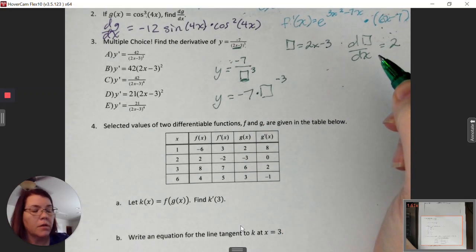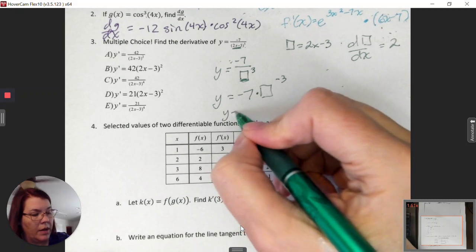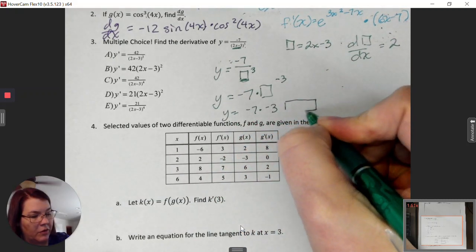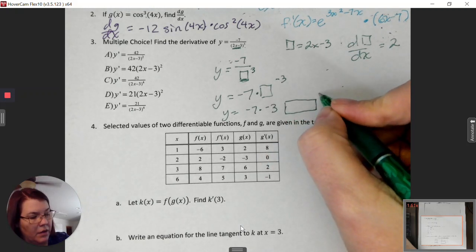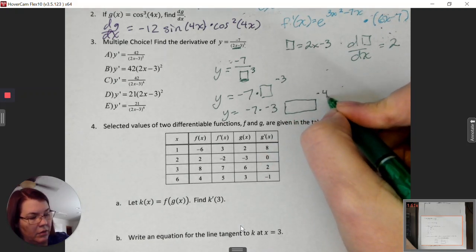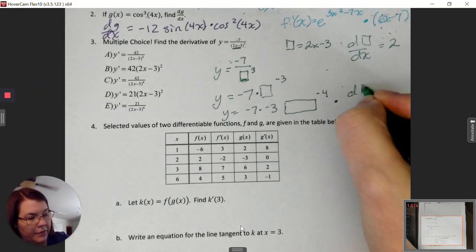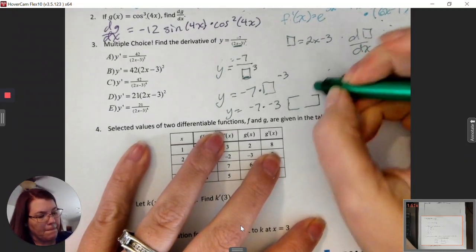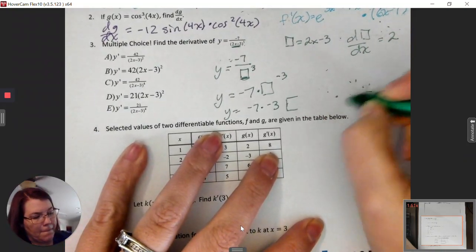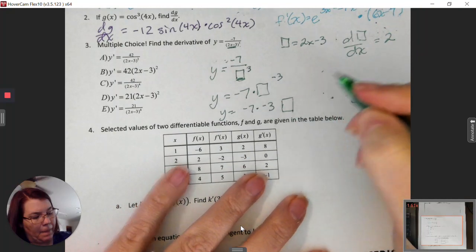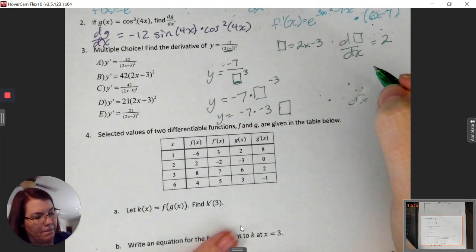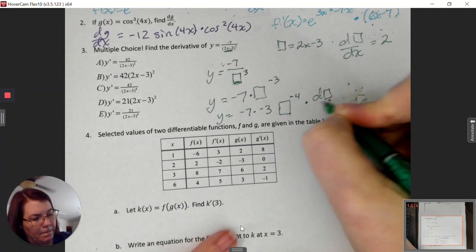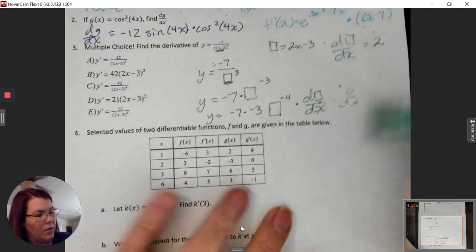Okay, so let's go for it. y equals negative 7 times negative 3 times (2x minus 3) to the negative 4 times the derivative of the inside.